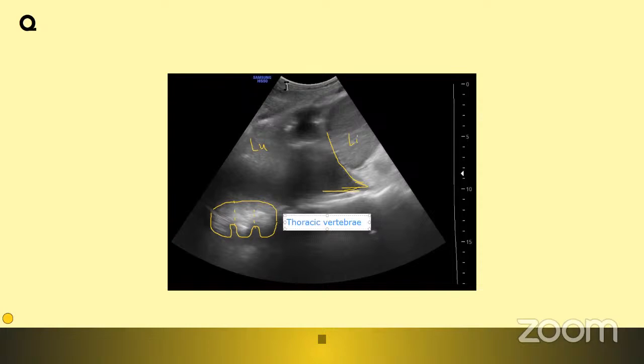The ultrasound pulses must move through all the pleura, lung tissue, etc., to even try to reach here. However, I'm able to appreciate the complete thoracic vertebra, the spinous processes, right? So what could be the reason? Anyone make a guess? The hint here is artifact. One of the artifacts is helping us visualize this thoracic vertebra.